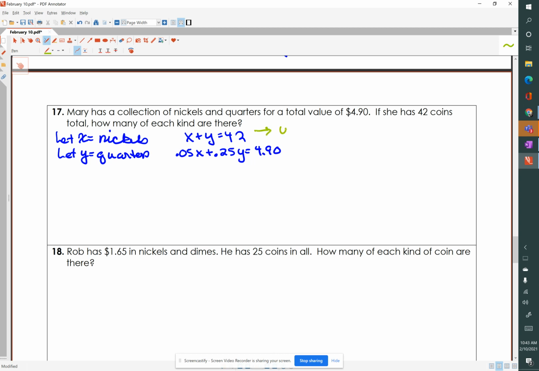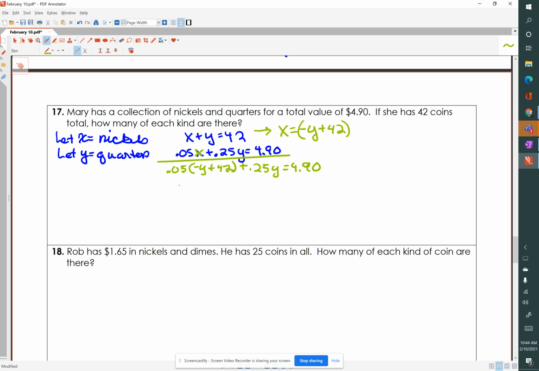And I'm going to use substitution. So I think I'm going to solve for x this time. It'll work either way. So x equals negative y plus 42. And I'll substitute that right there. 0.05 times negative y plus 42 plus 0.25y equals $4.90.